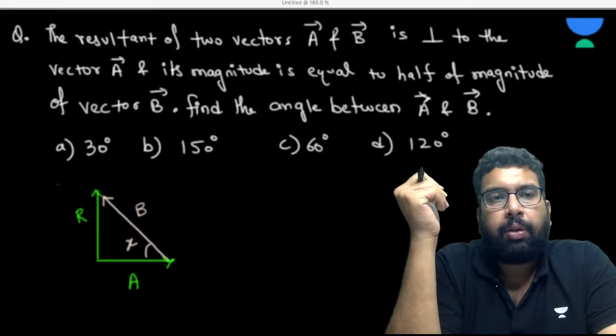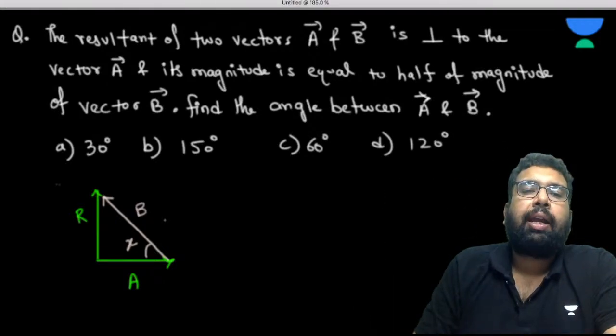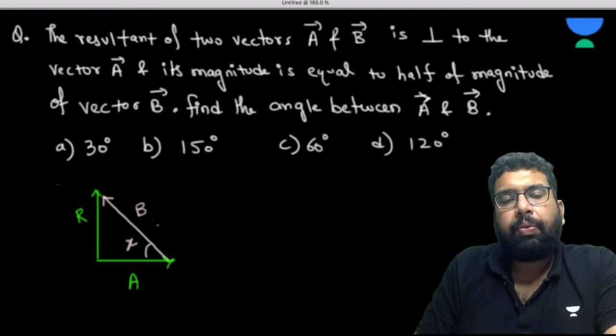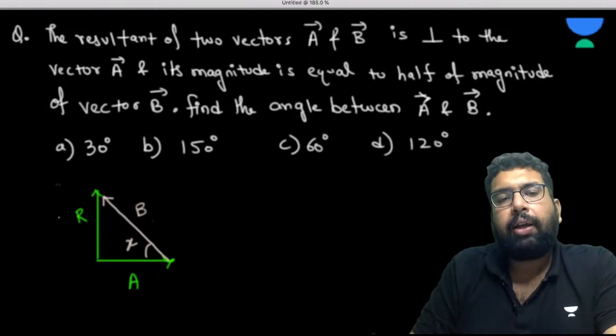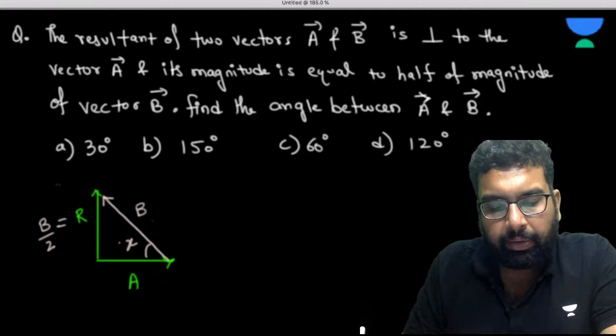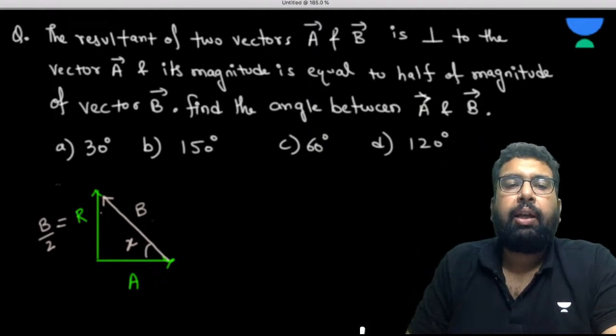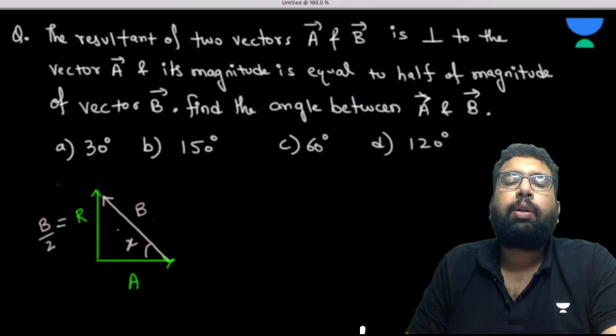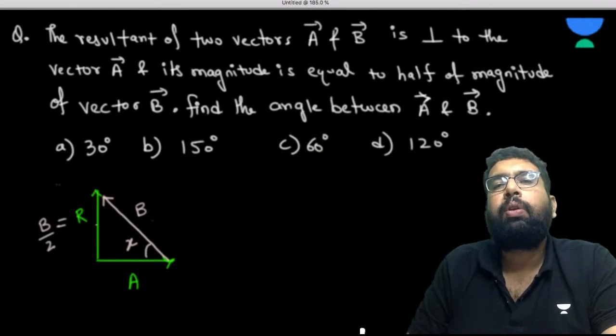Okay. Now please observe this. So we have X, A, R, B. Now we need to find the angle between them. R is given, the magnitude is equal to half of the magnitude of vector B. So this must be B by 2. In the triangle, all the sides give the magnitudes of the vectors.